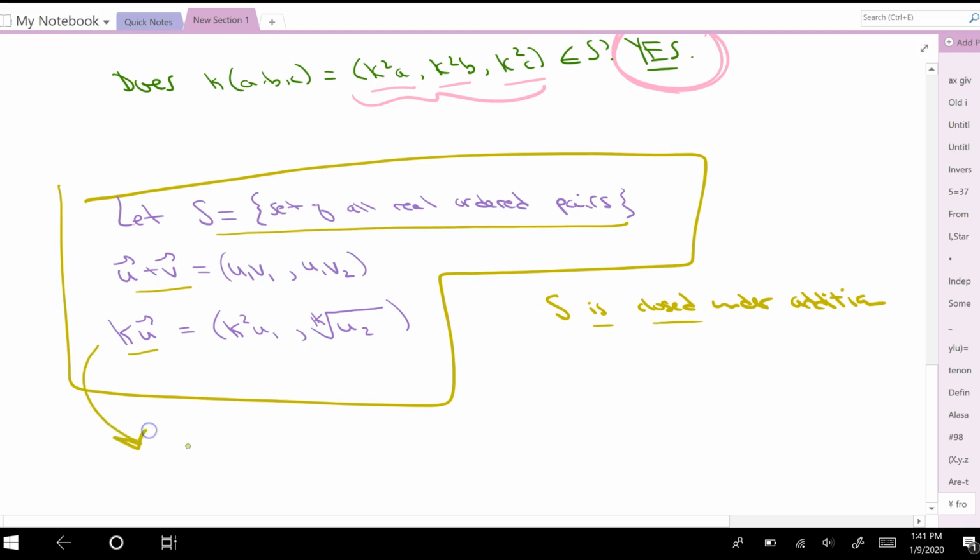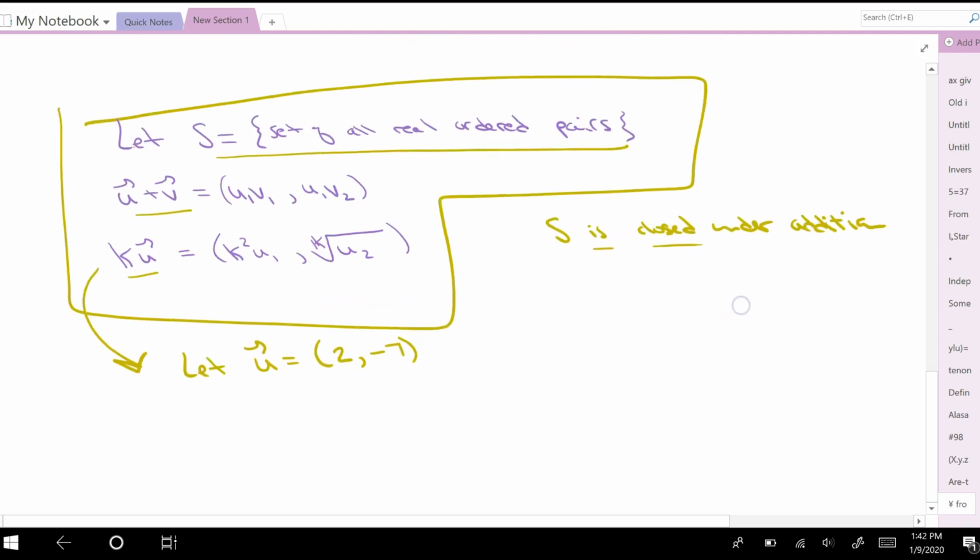So for example, let's let one of the elements in S be this. Let U equal, okay, my goodness. Oh no. Oh, here, good. 2, comma, -7. If U is 2, -7, under this transformation of KU, let K be an even integer.